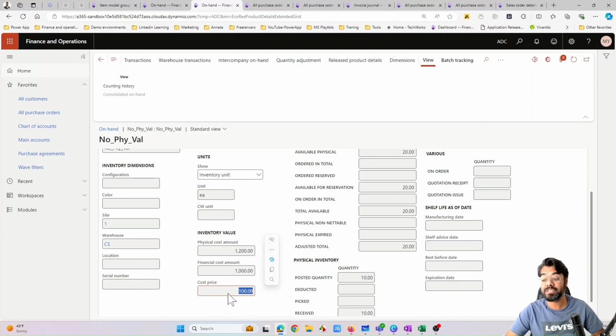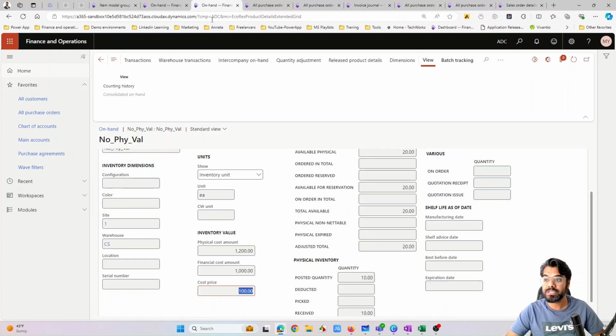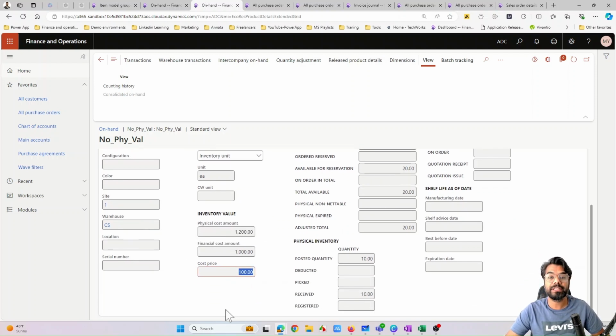The running average still remains 100, because in this particular case the include physical value checkbox is disabled, so it is not going to include the physical cost during the running average cost calculation. So it's not including the 10 quantity which is only physically updated, only the 10 quantity which is financially updated. So it's only 1,000 divided by 10, and it still remains 100.